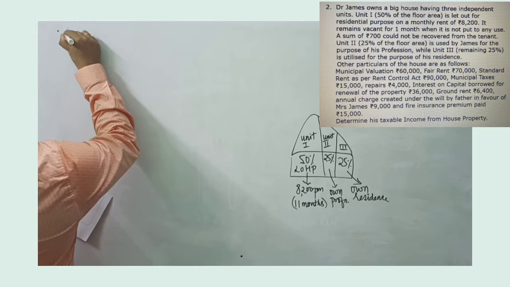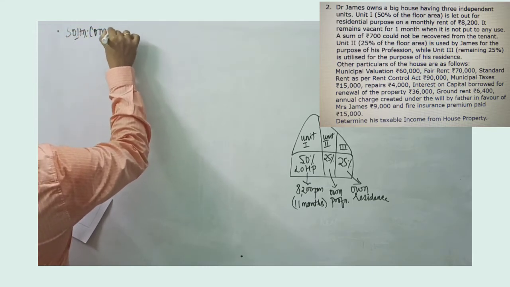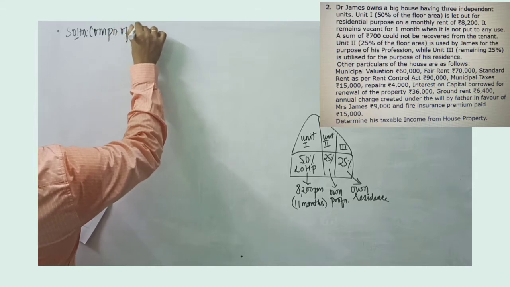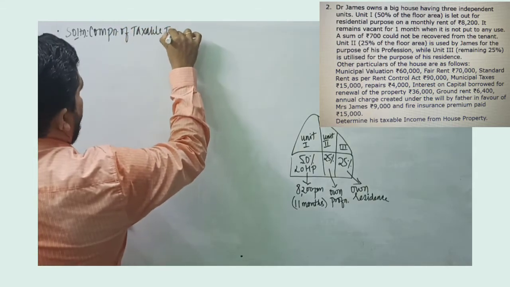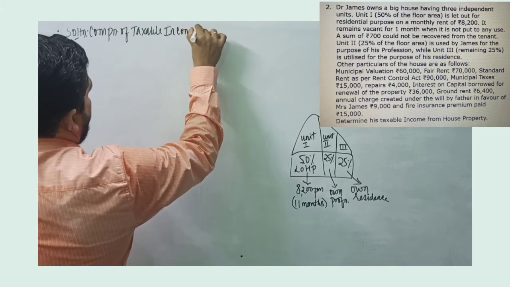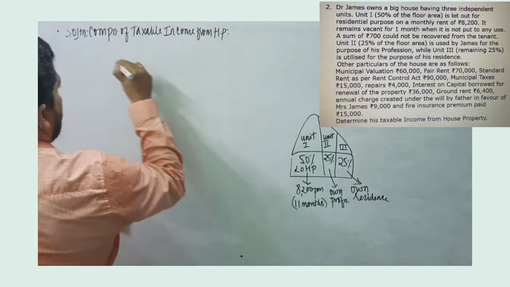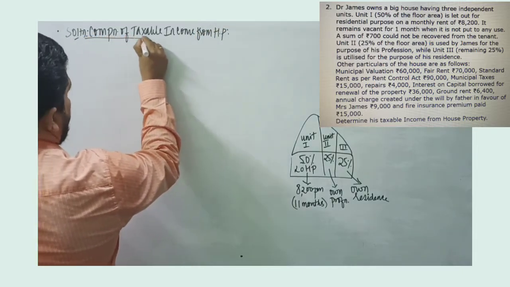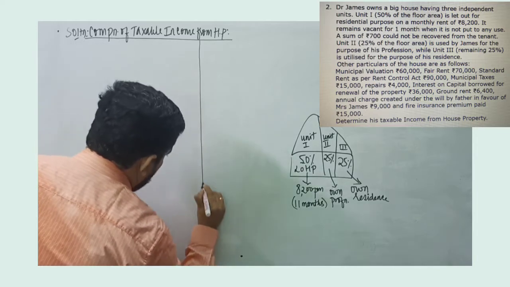So we take the solution. I record computation of taxable income from house property. I'll just prepare two amount columns.